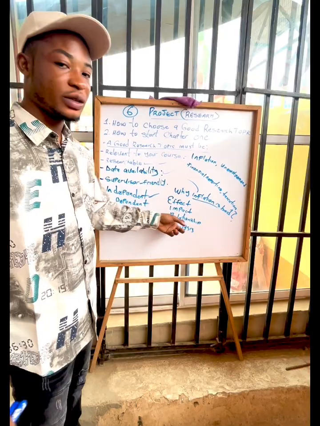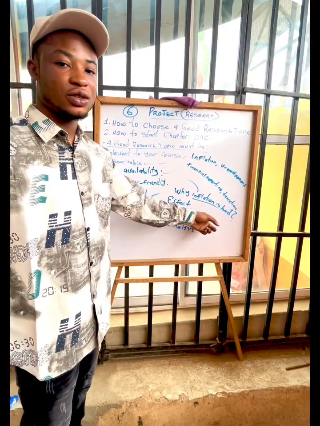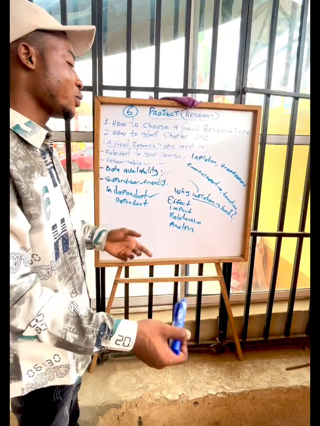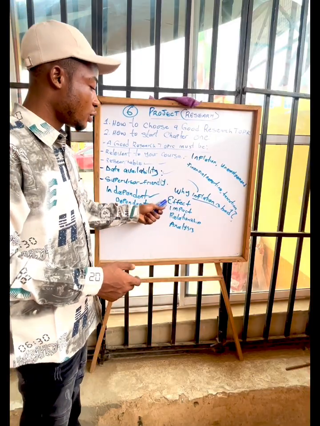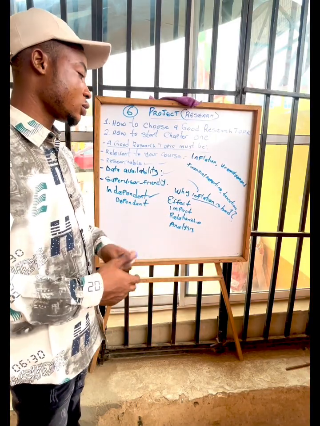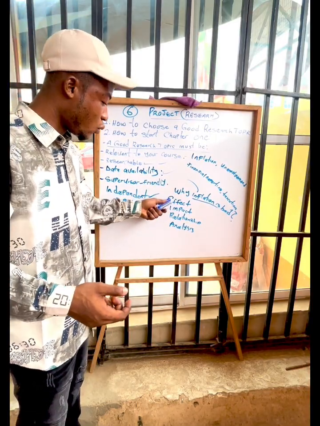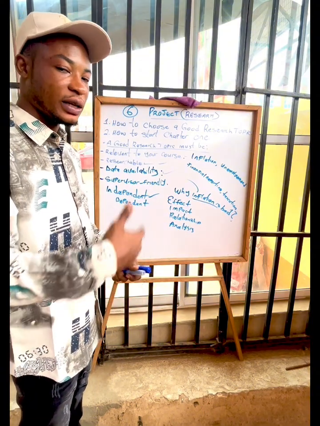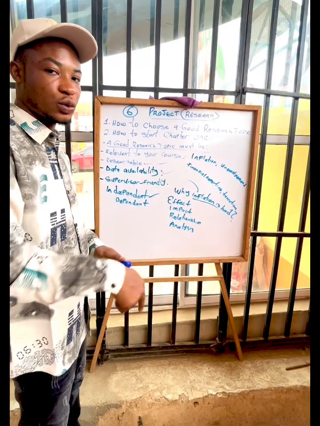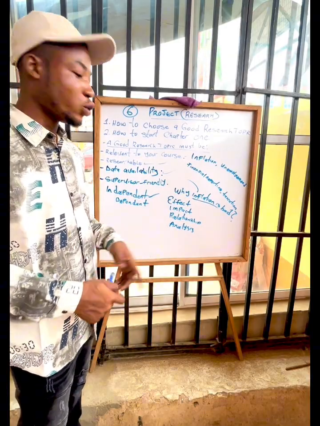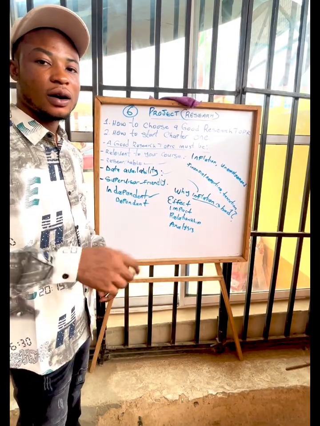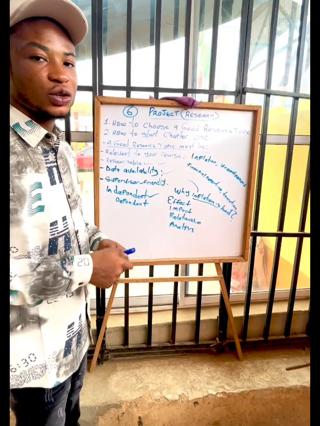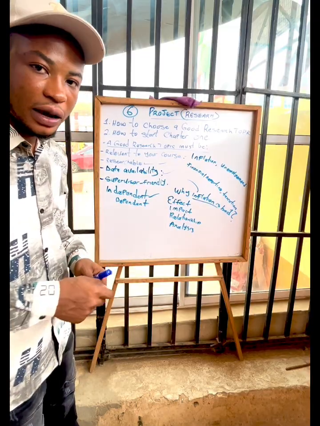We call it asymmetric effect, looking at the asymmetric relationship between one variable and the other. So you can actually consult your supervisor on the word to use. If you are using analysis, they are going to tell you what you must include in that project. So all these words have their own function in your project. So be careful as well.